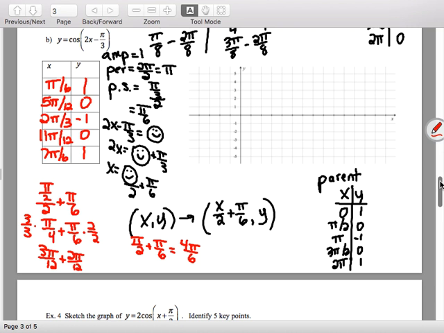So if you have to go by 12ths, then at pi over 6, that's going to be 2 pi over 12. That's up at 1. Then 5 pi over 12 is 0. So do you see they're 1, 2, 3 apart? 1, 2, 3. That kind of helps.